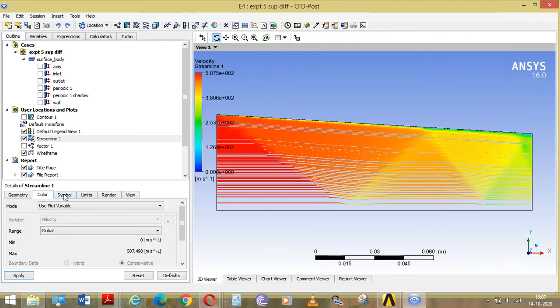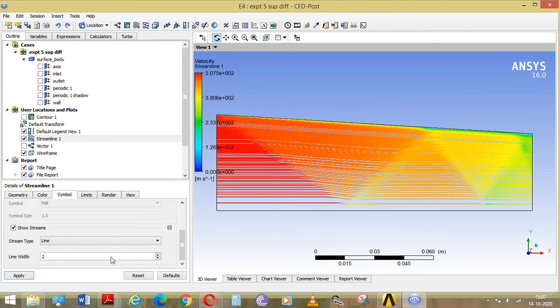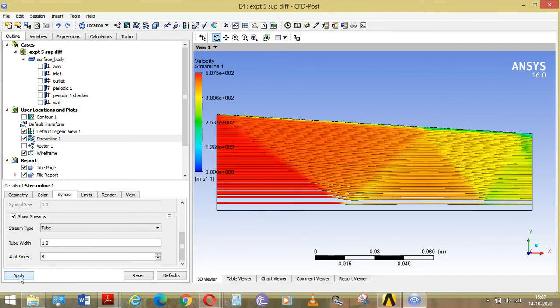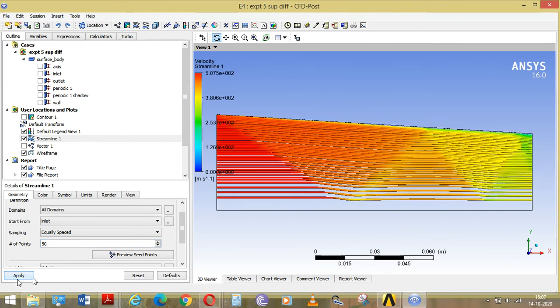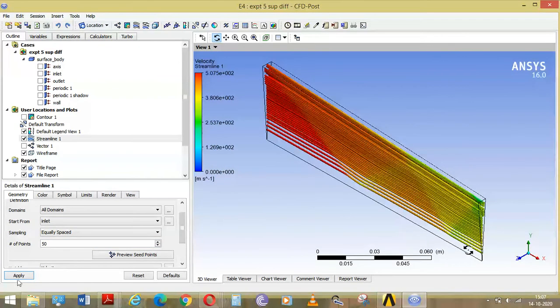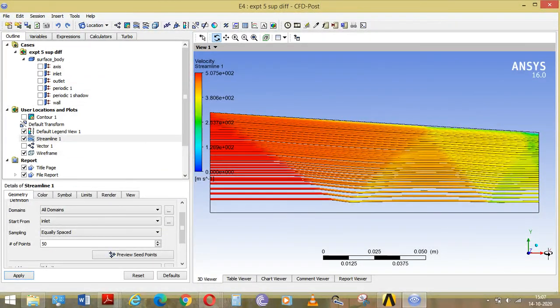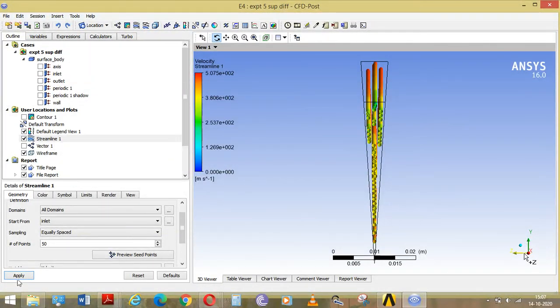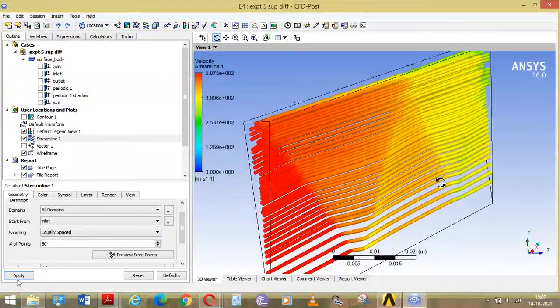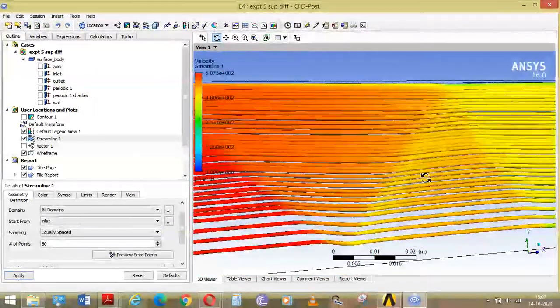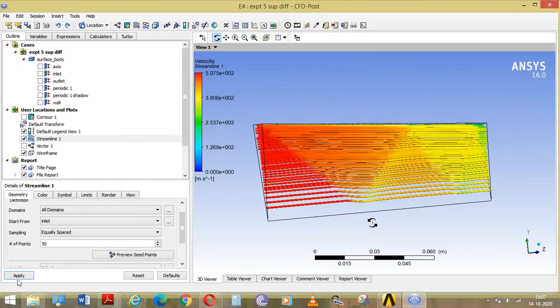So if you want, you can change the lines to tube. You can increase the numbers, but tubes will have this problem. You can see here how the directions change over the shock wave.